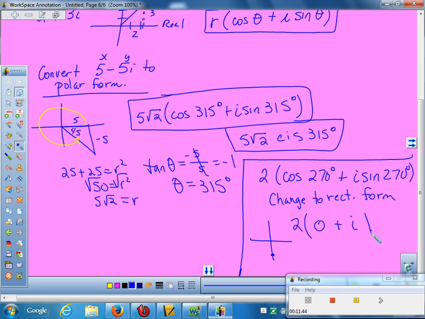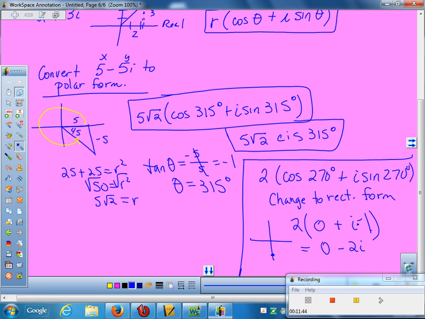But I'm on the negative side, so it'd be times negative 1. Now multiply that together. Technically I have 0, and they'll write it as minus 2i, and in that case it would be back to that other form. But if they're giving you polar form like this, just figure out what's the cosine of that angle, what's the sine of that angle, and fill it in.